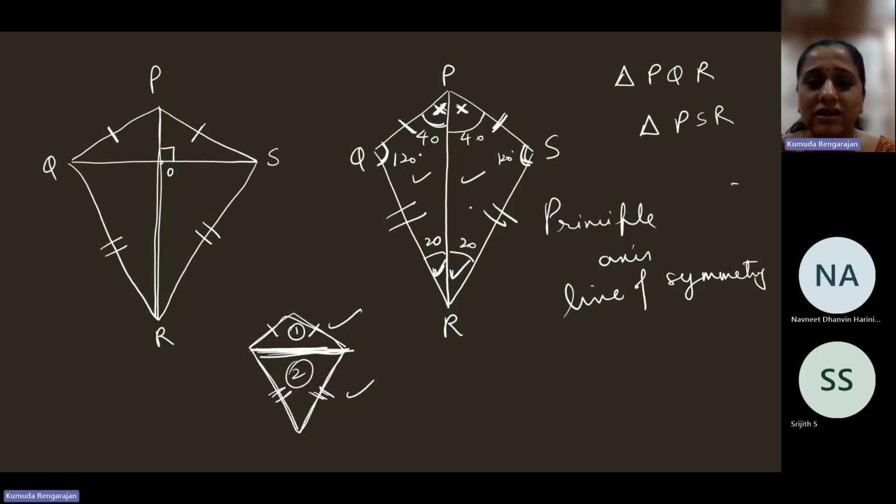The longer diagonal divides the kite into two identical triangles. The shorter diagonal divides the kite into two isosceles triangles which are not identical. Very good. So these are the properties of a kite.